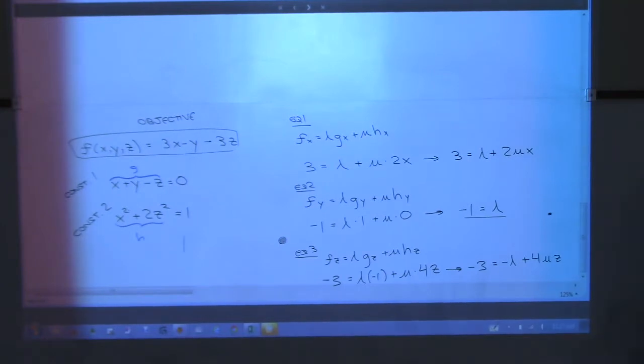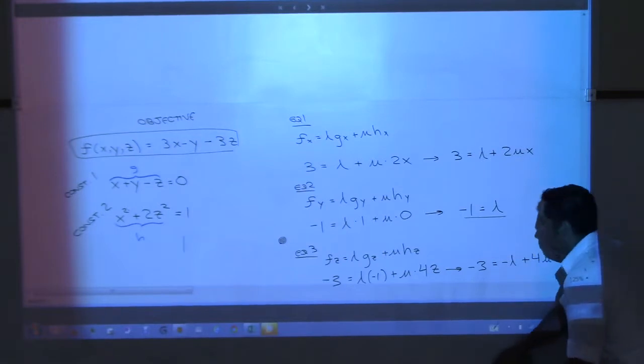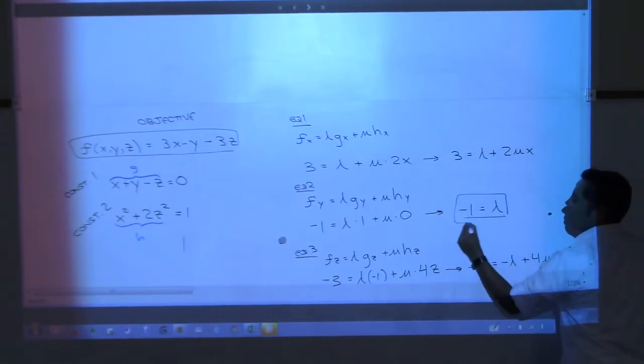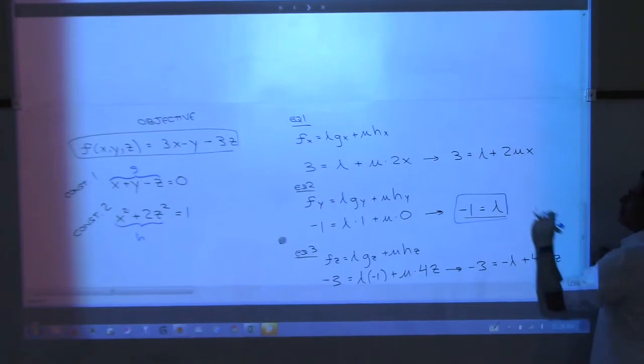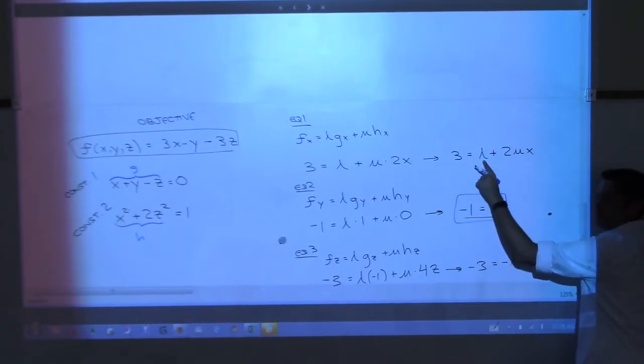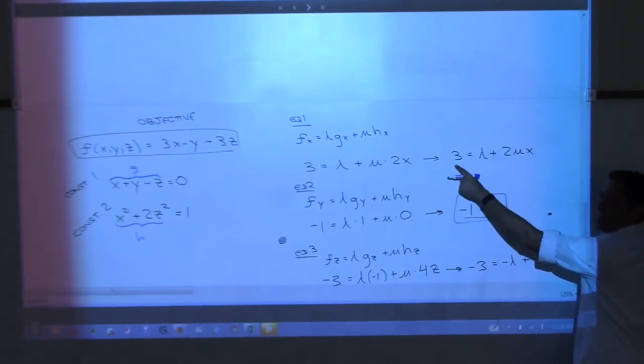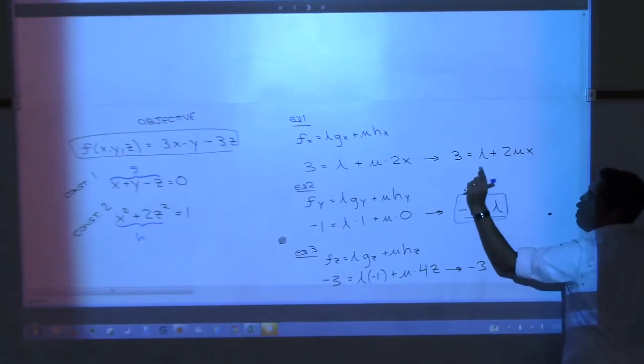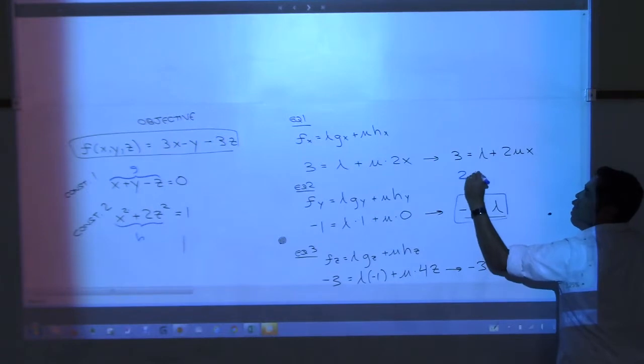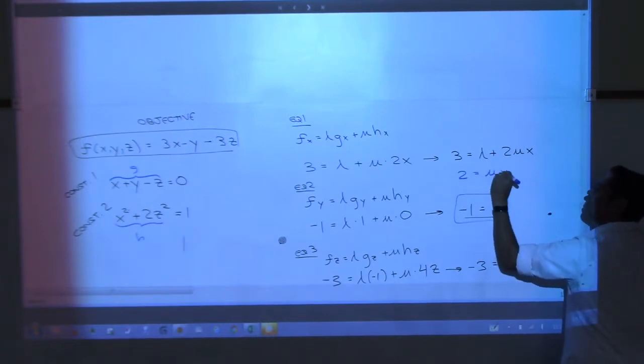So if I do that, let's rewrite this equation. I'm going to change colors to let you know I'm about to replace lambda with -1. So everything I do in blue here. If I replace this with -1 and then move it to the other side, that becomes a 4, right? And then I can divide both sides by 2. I get 2 equals mu x.